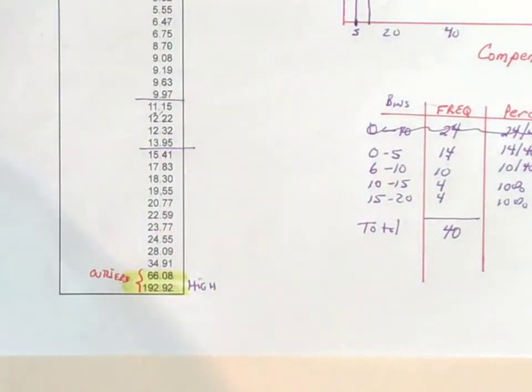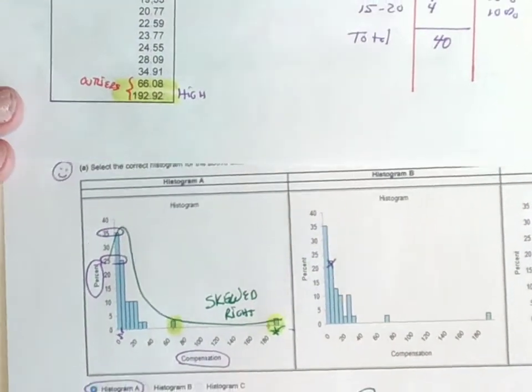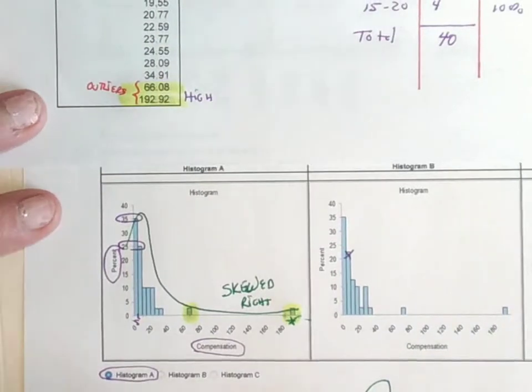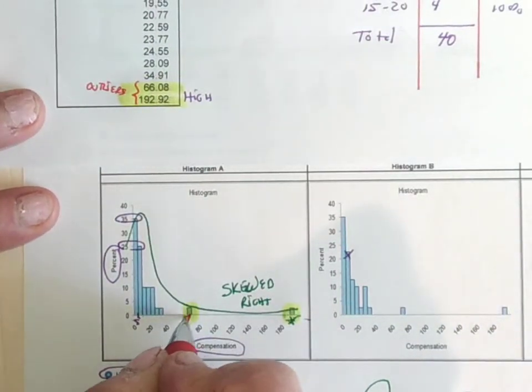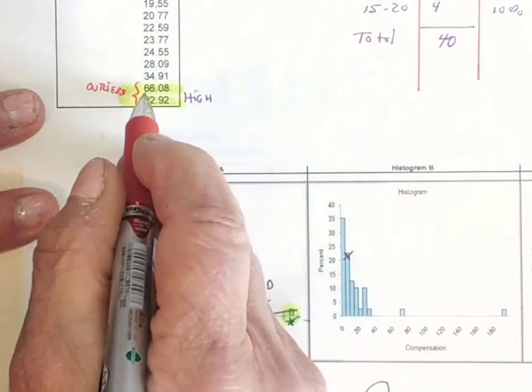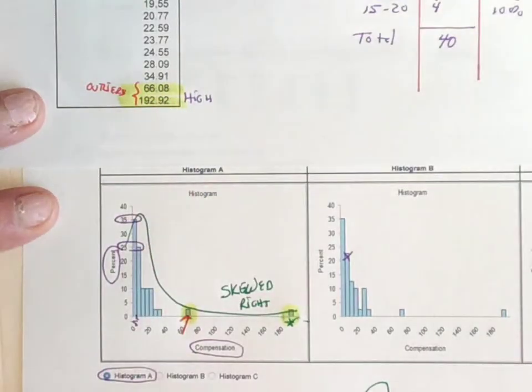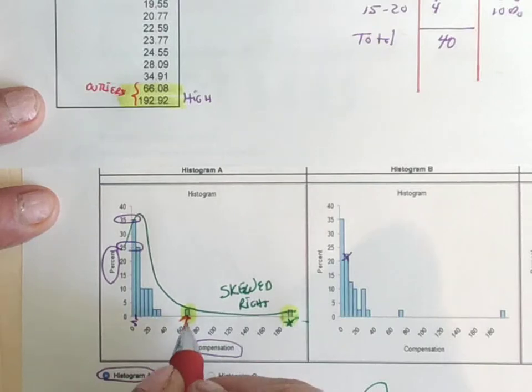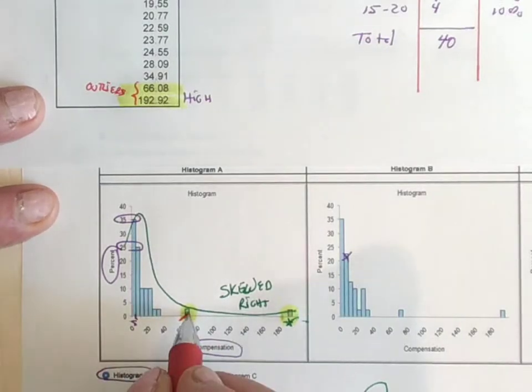And going back to our graph, does that make sense? This point right here, what you're going to be putting in here is 66.08, but you always want to ask yourself, does that make sense? And so that's at about 66.08.